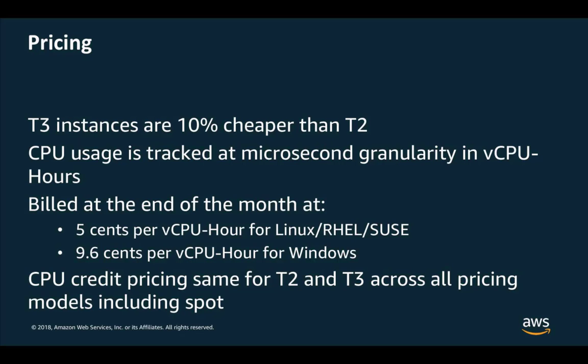And then another callout is regarding the Spot pricing. The surplus credit pricing on Spot is also the same as OD, so it's 5 cents per vCPU hour. If you plan to run the instance as a Spot for a very short period of time, say less than an hour, and you burst CPU above baseline, T3 Unlimited may not be the instance I'd recommend.